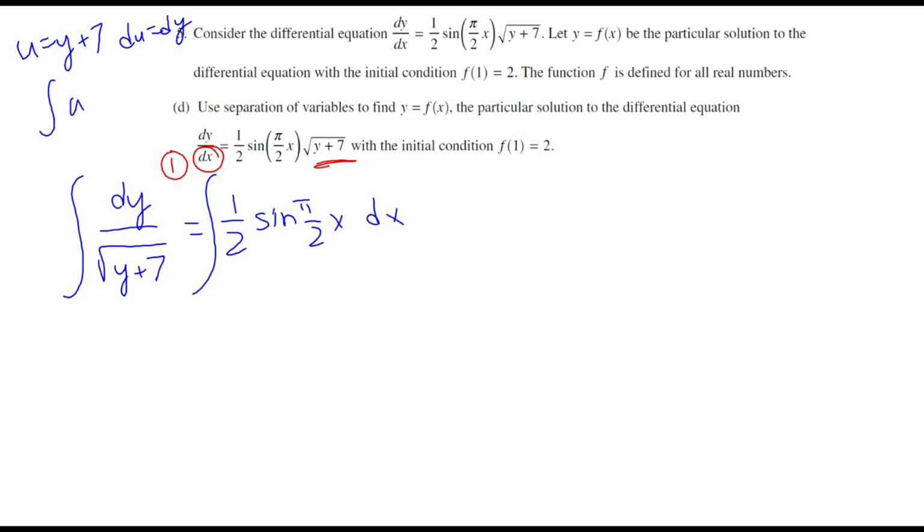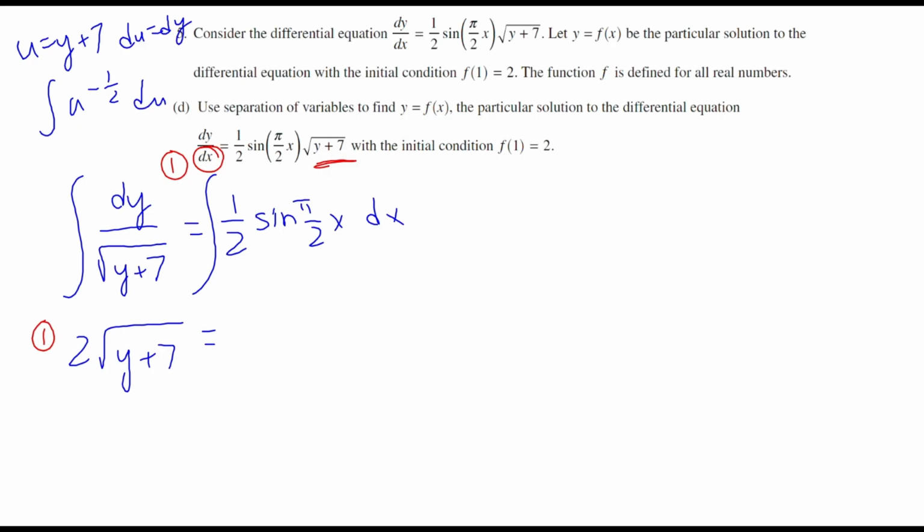Really what we're doing is an integral of u to the negative 1/2 du, which is 2 root u, or 2 root y plus 7. And of course, there's a constant that gets added to that, but because we're going to have another integral on the other side that's also going to have a constant added to it, I have a constant on each side, I can subtract one from the other and just be left with a singular constant on one side, and I'll leave it on the right-hand side. So 1 point here for this correct antiderivative.